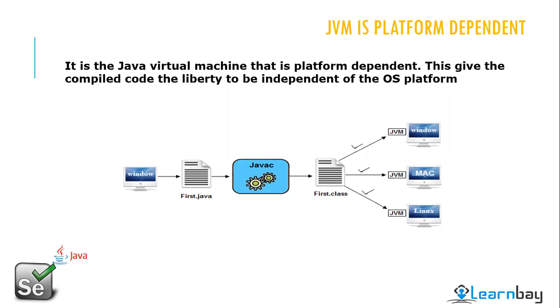And then you use something called javac, which is an exe that will convert your plain, simple English-based .java file to a .class file. Now, what is a .class file? A .class file is a compiled version of your Java file.